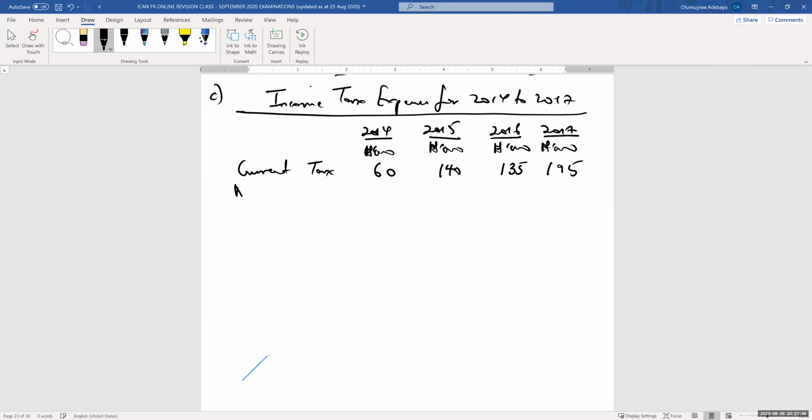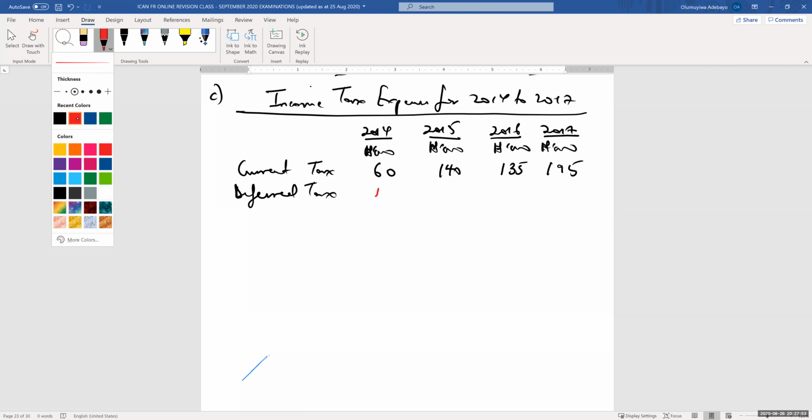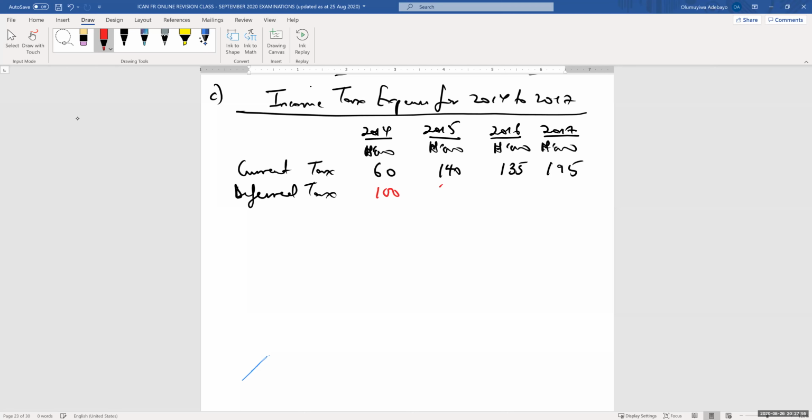Okay, our deferred tax was 100, credit of 10, credit of 15, and credit of 75. When we sum it all, what do we have?